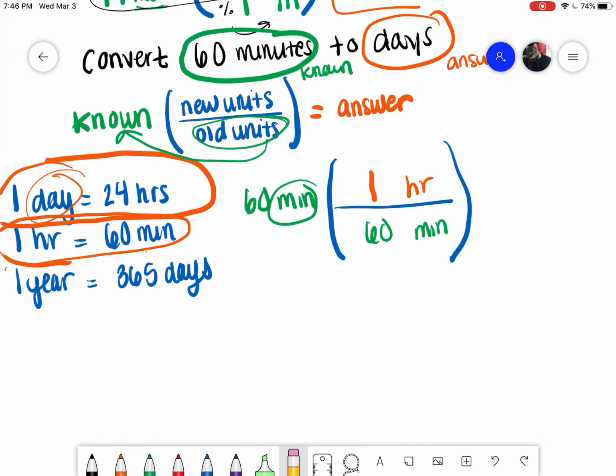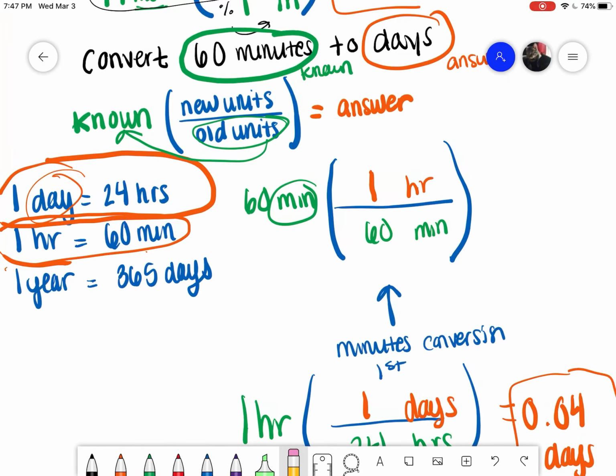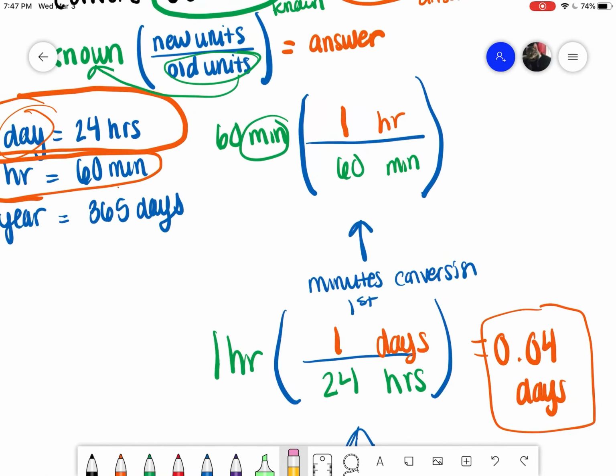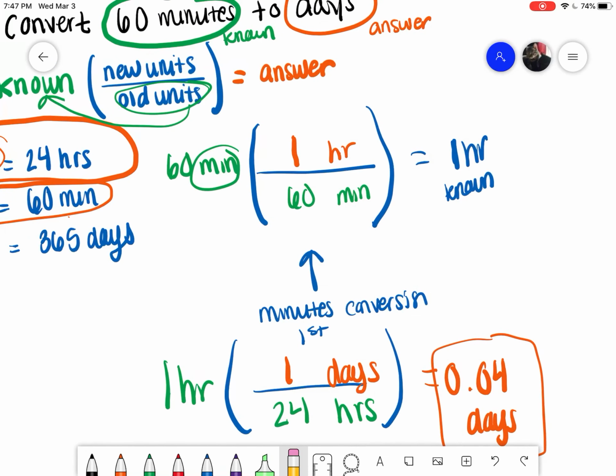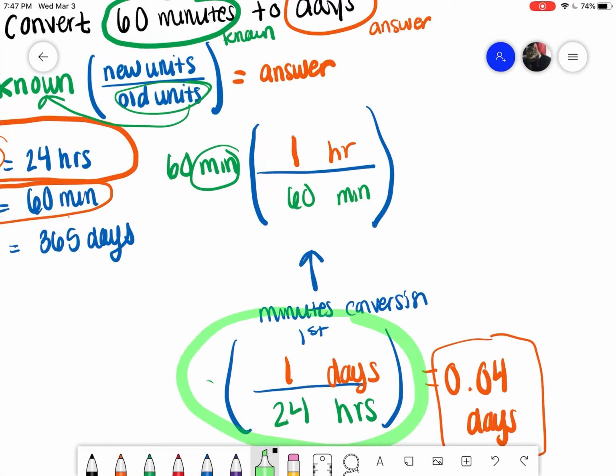Because before, our hours become our old units, which would be at the bottom. And then our days become our top units, which is our new units. So instead of doing two separate, we can just put this entire conversion up here.